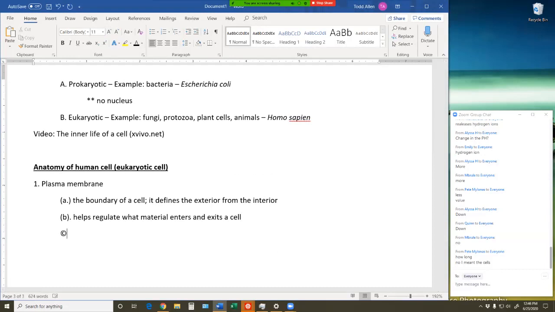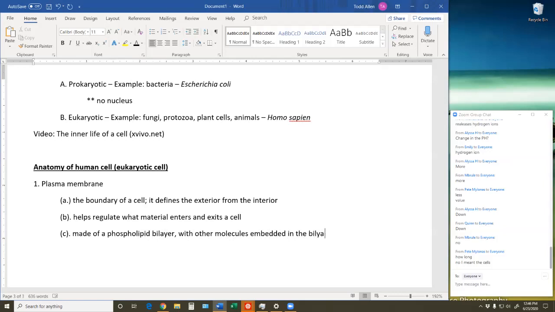And as I alluded to previously, and I think you know at this point, the plasma membrane is made of a phospholipid bilayer. Okay, so there's 2 layers of phospholipids with other molecules embedded in the bilayer.